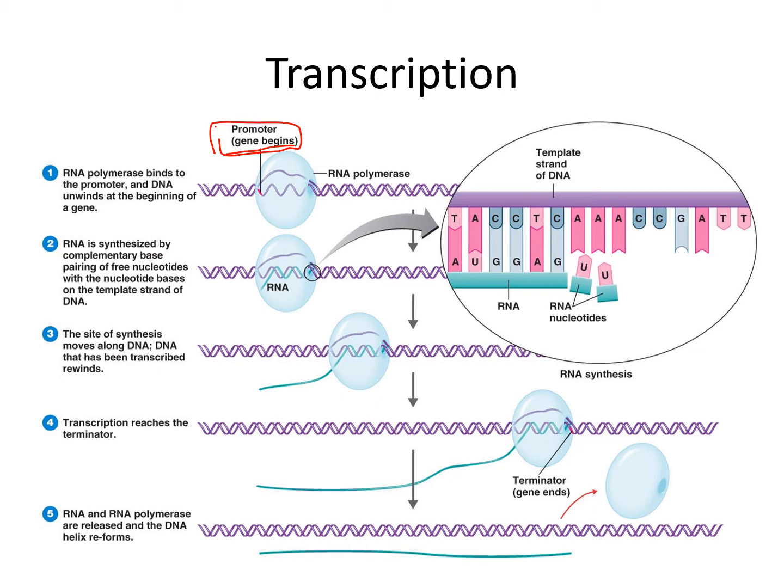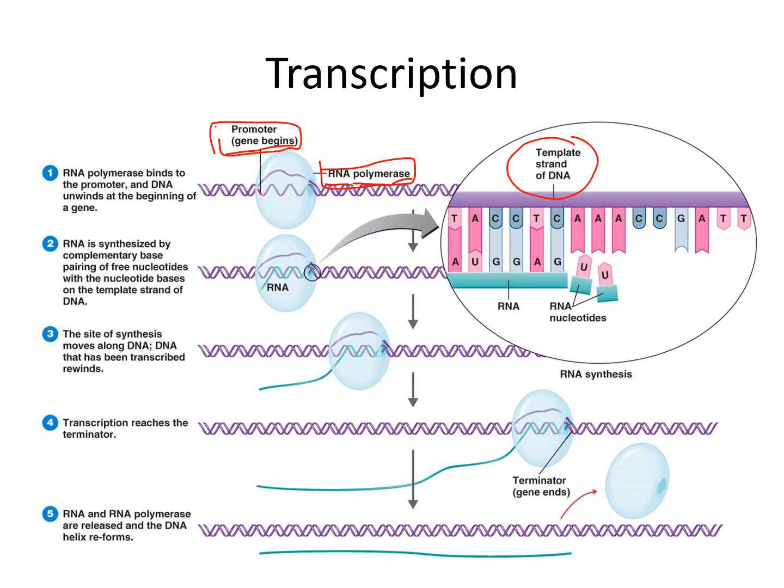And the enzyme that is involved in transcription is called RNA polymerase. And RNA polymerase, very similar to DNA polymerase, is an enzyme that makes a polymer of RNA. So what the RNA polymerase is going to do is read the template strand.